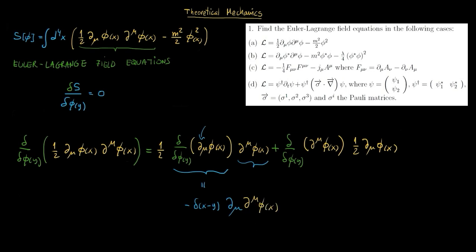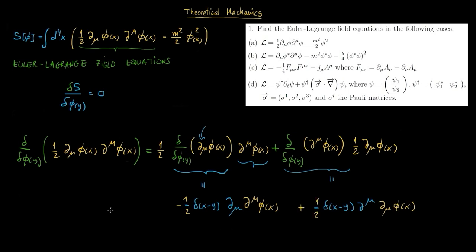And the same thing applies here. So this is going to be minus delta(x minus y) ∂^μ, with the index upstairs, acting on 1/2 phi, times ∂_μ φ(x). So let's put this 1/2 here, 1/2 with the minus.